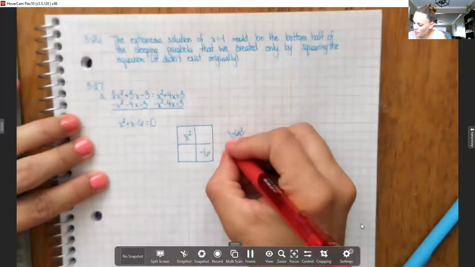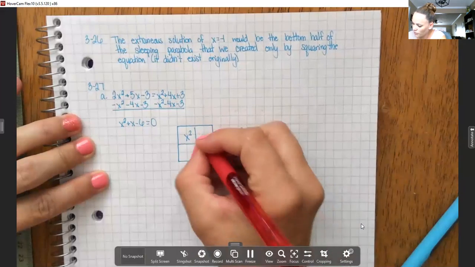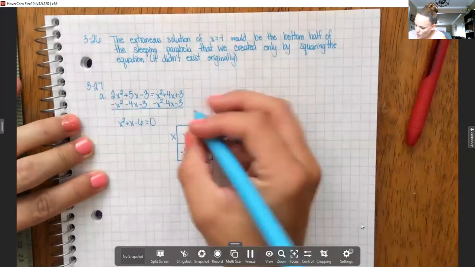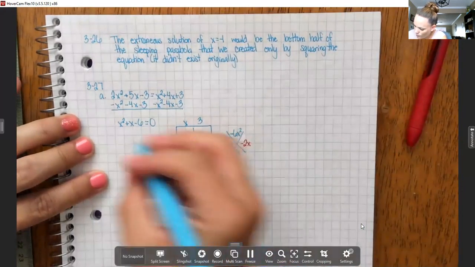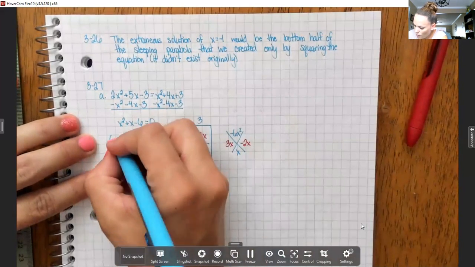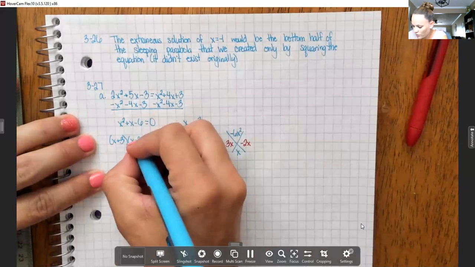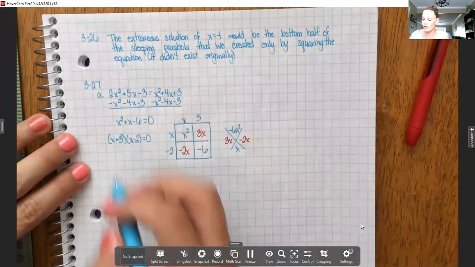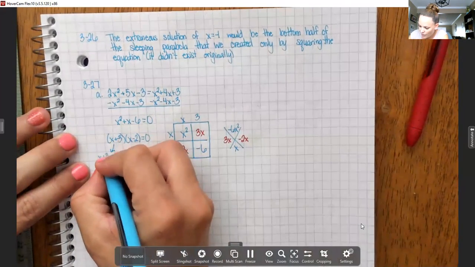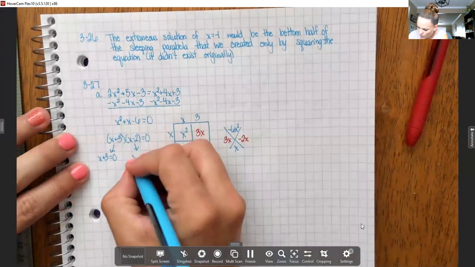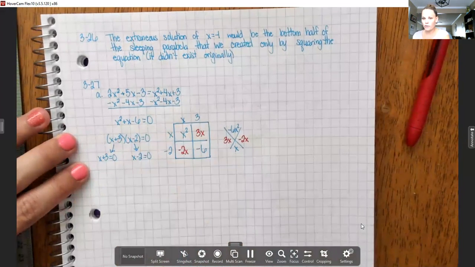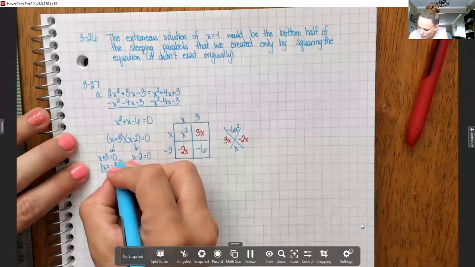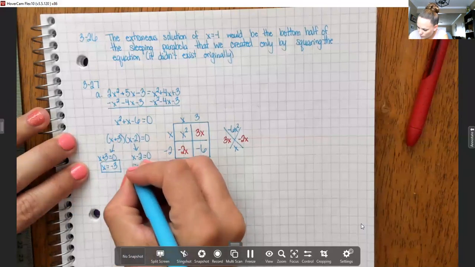So your factors here would be 3x and negative 2x. x plus 3 times x minus 2 equals 0 when you factor it. And then remember the zero product property says if two things multiplied together give you 0, one of them is 0. So either x plus 3 is 0 or x minus 2 is 0. So we get x equals -3 and x equals 2.